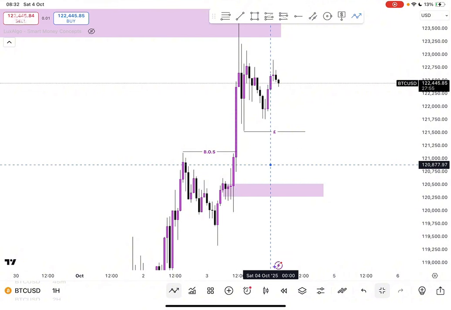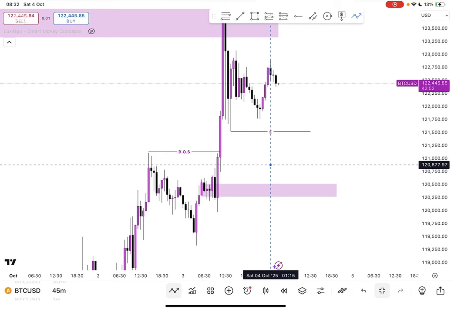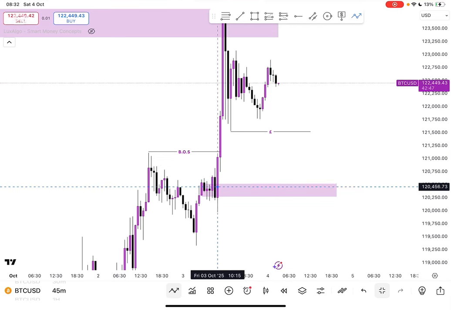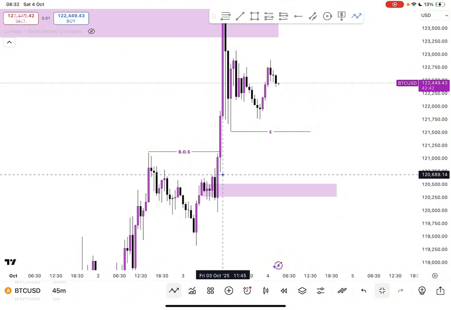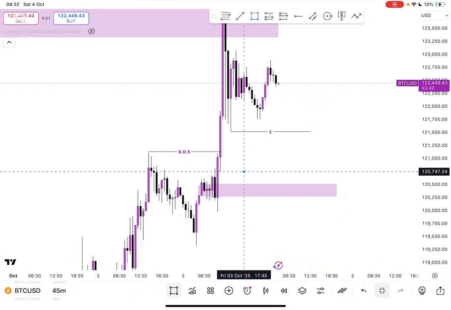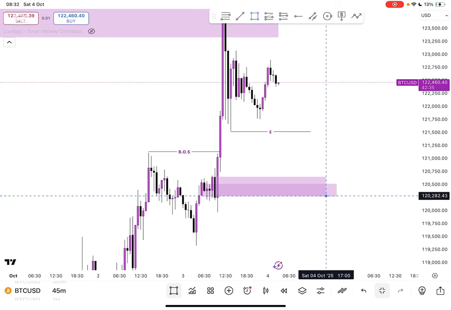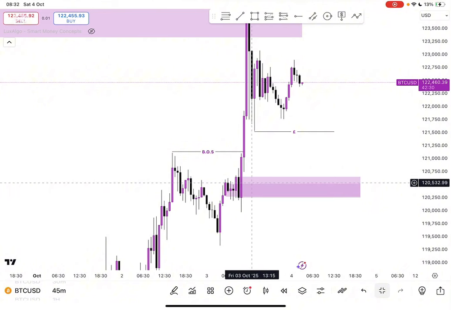And now the same on the 45-minute time frame. As you can see on the 45-minute time frame, let me mark it out. I think we're going to use this 45-minute time frame order block here, this one instead. Now as you can see, the 45-minute time frame and the order block that I marked on the 1 hour, they merge with each other.